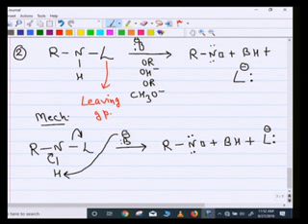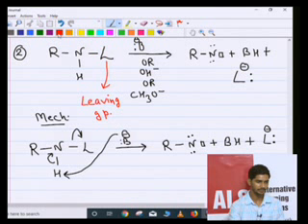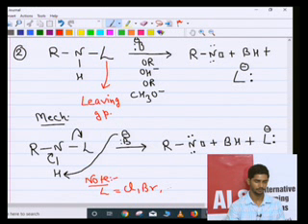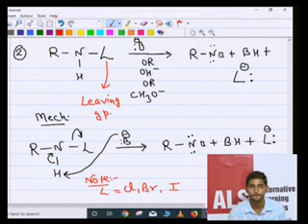One more thing, guys. In most of the cases, you can remember that the L will be chlorine, bromine, iodine.